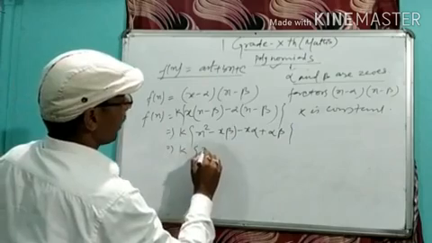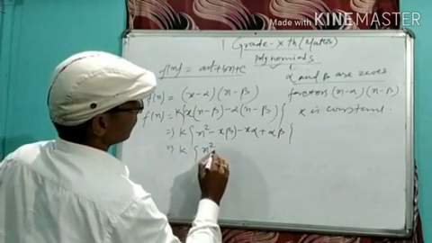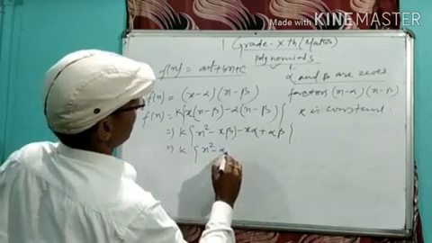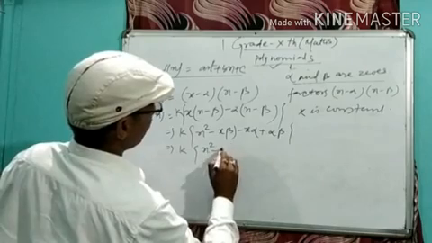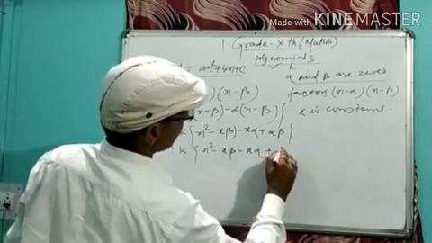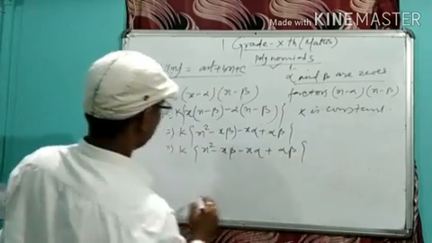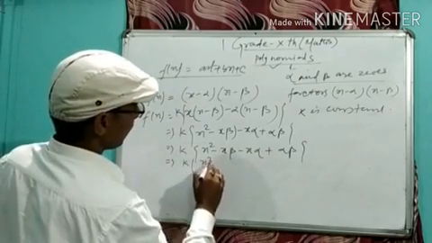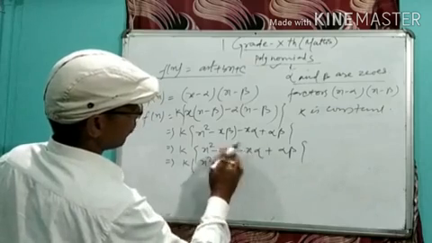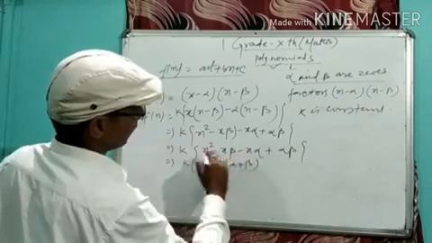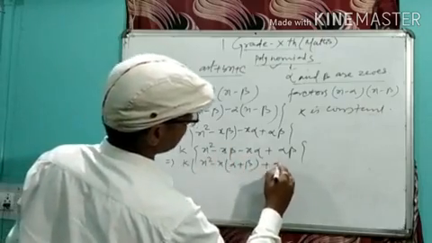Okay, k times x square minus x beta minus x alpha plus alpha beta.